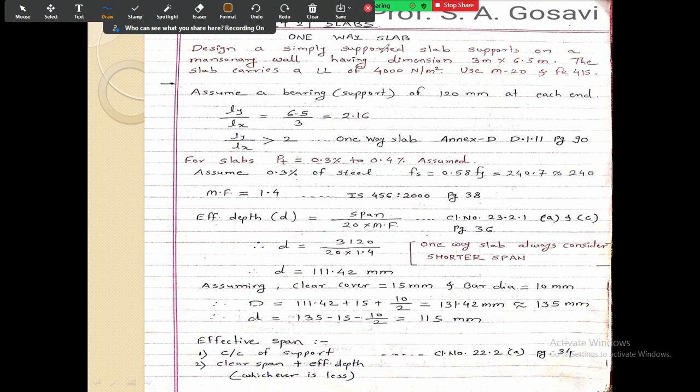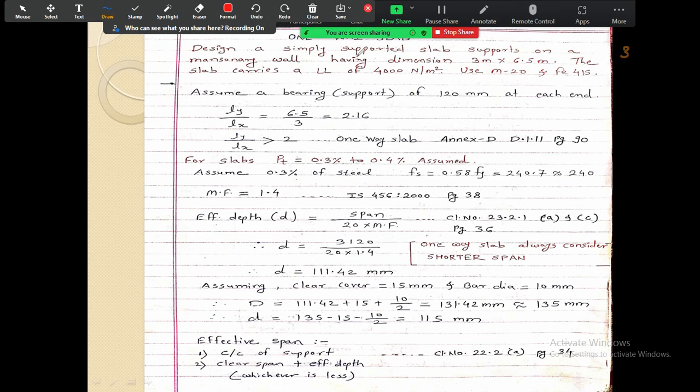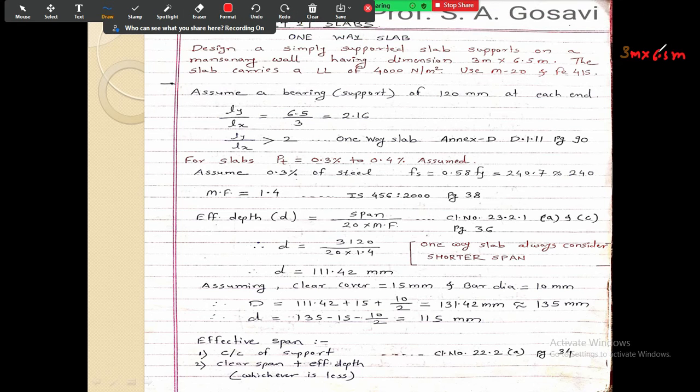Here you can see the design of a one-way slab. What is the numerical here? Design a simply supported slab, supported on a masonry wall, having dimensions 3 meter by 6.5 meter.